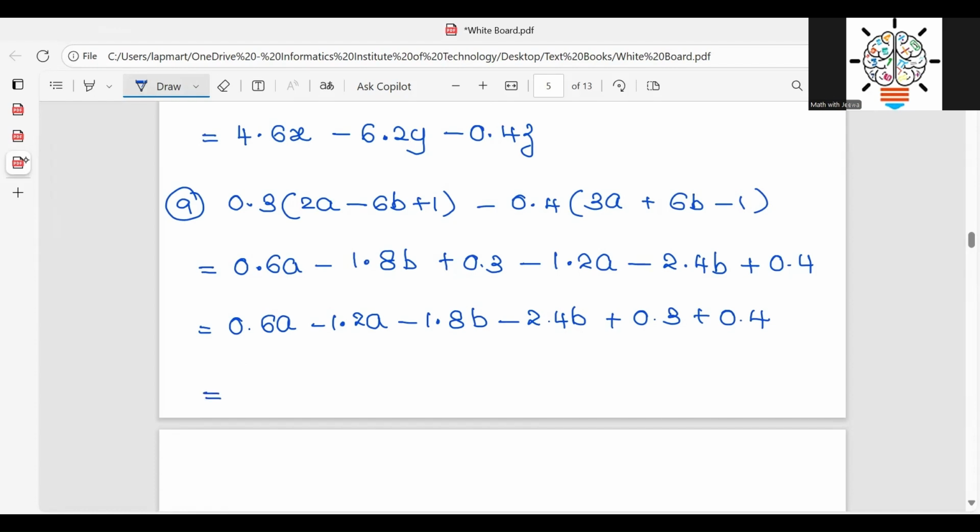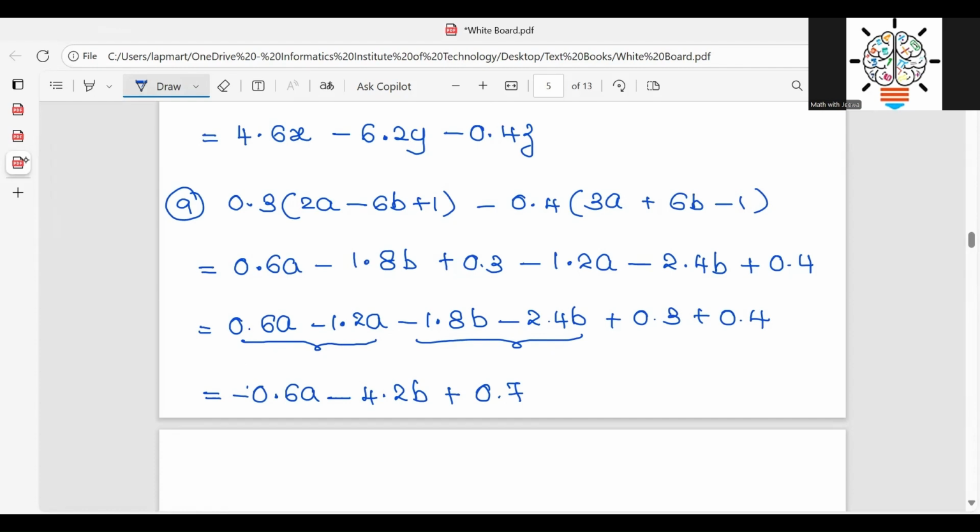Right, then here it is negative 0.6a, because when you simplify these two, that becomes negative 0.6, and negative, right, you can add these numbers because both of them have the same sign. So then that becomes negative 4.2b plus 0.7. Hope it is clear for all of you.